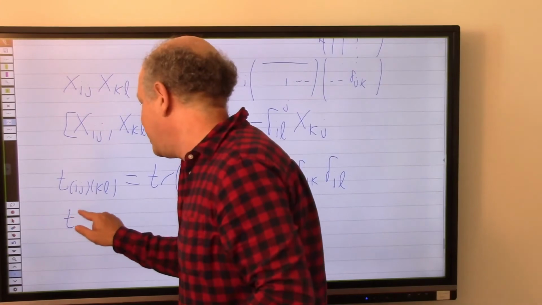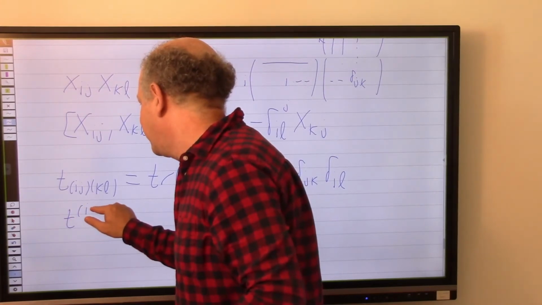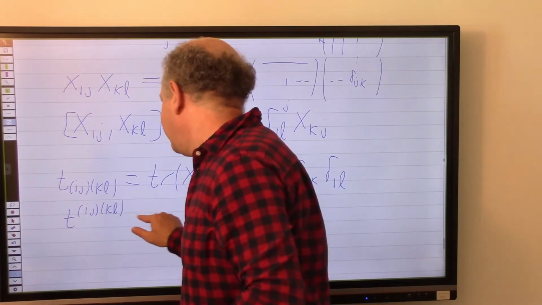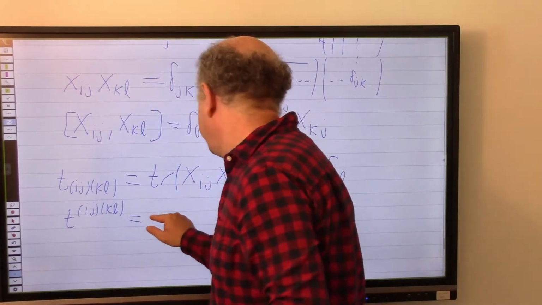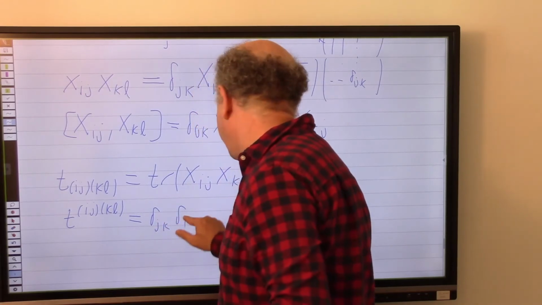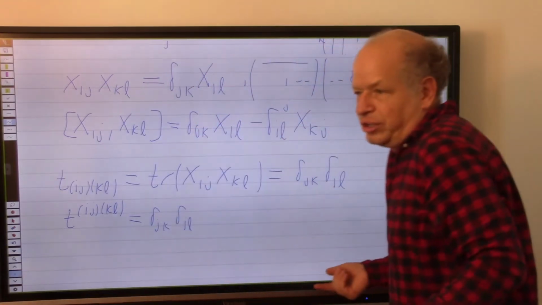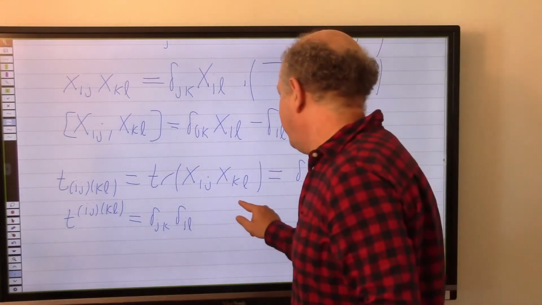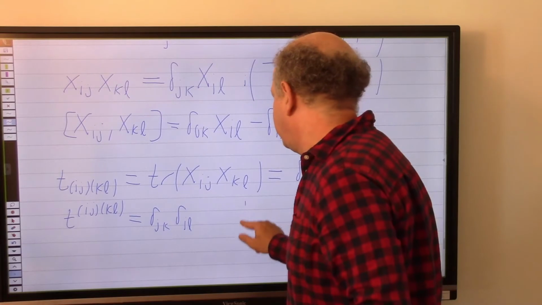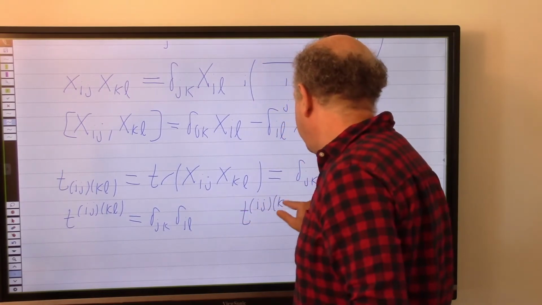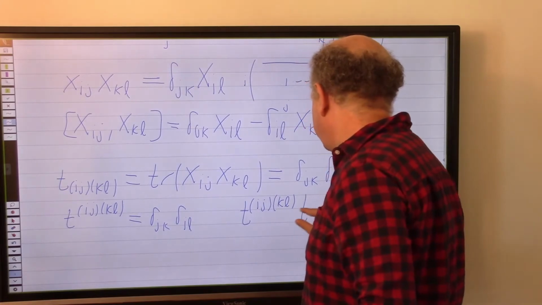So I claim that T^IJKL is also equal to delta JK delta IL, and if you don't believe me, you multiply. So you multiply T^IJKL with T.